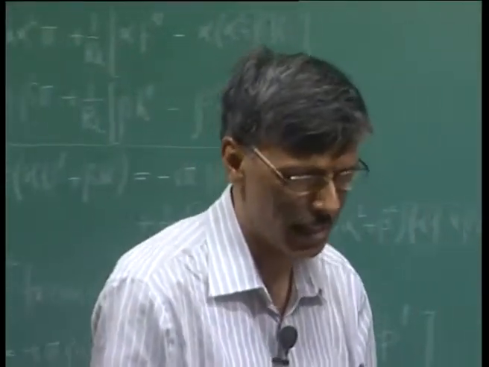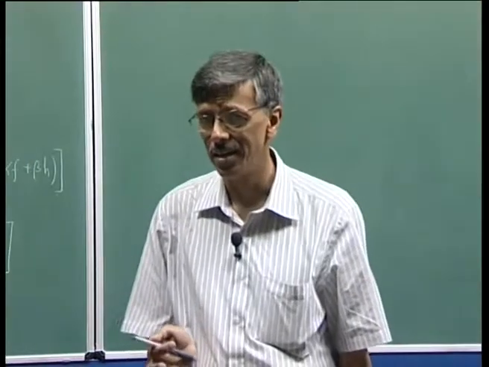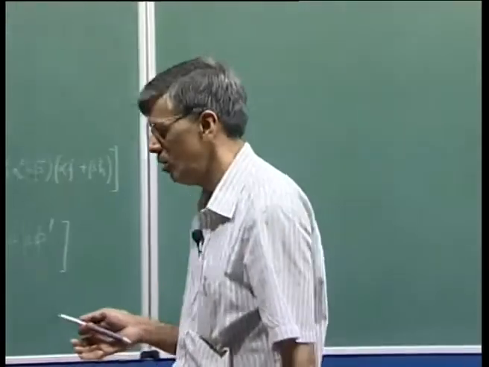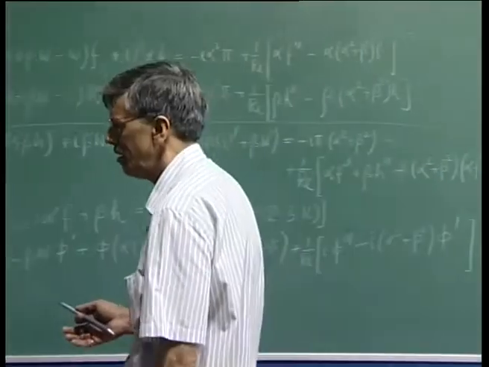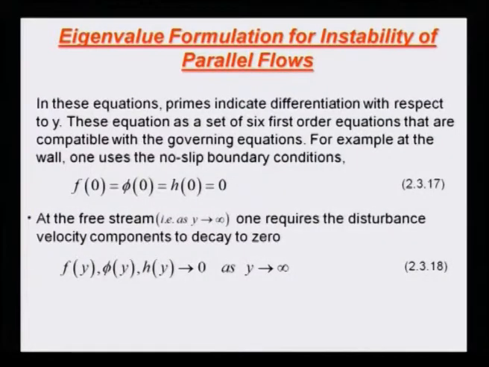Please do understand that there is a great deal of difference between saying equal to 0 and approaching 0, right. So, we are not saying that this is equal to 0, we say that this decays to 0. Okay. It is an asymptotic form of the boundary condition.